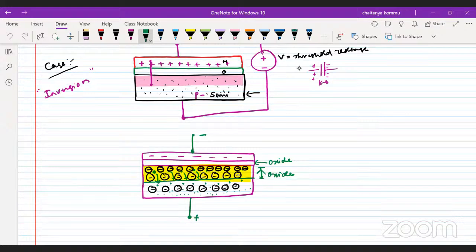Because of the positive charge at the bottom, the electrons are also attracted. So depleted carriers are available under the silicon dioxide, SiO2. Therefore carriers are depleted here, and this case is called the depletion region.